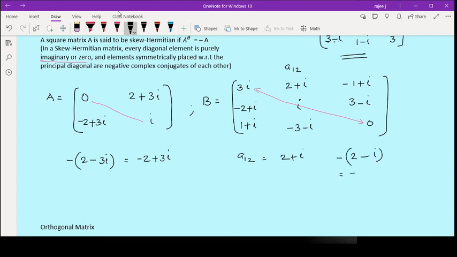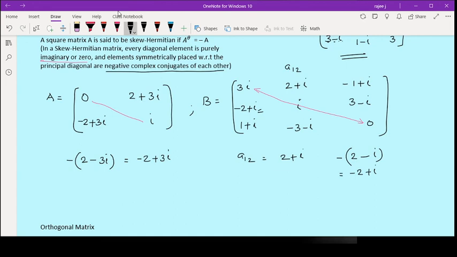This is equal to minus 2 plus i. What is that? This one. Okay, so elements placed symmetrically with respect to the principal diagonal are negative complex conjugates of each other.